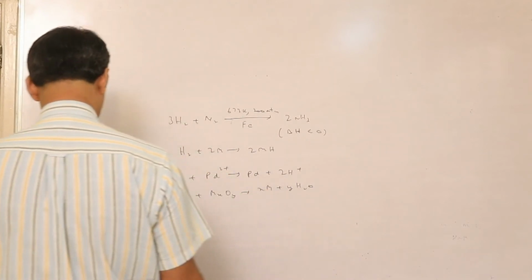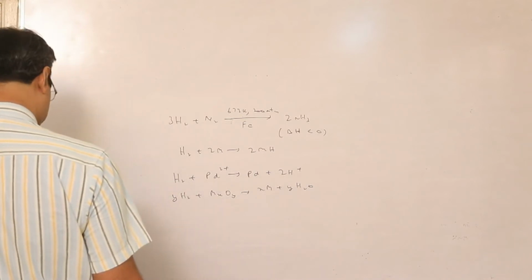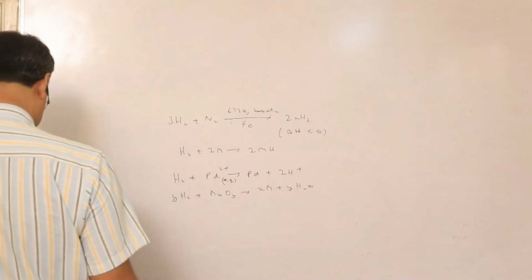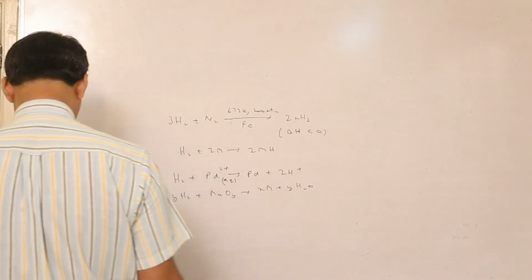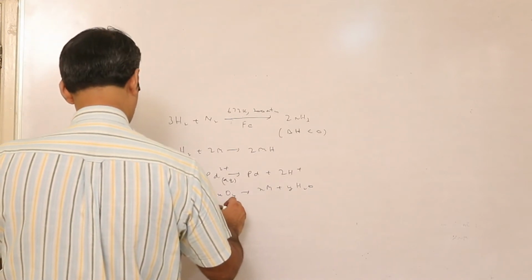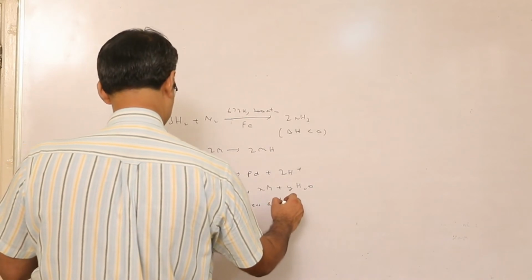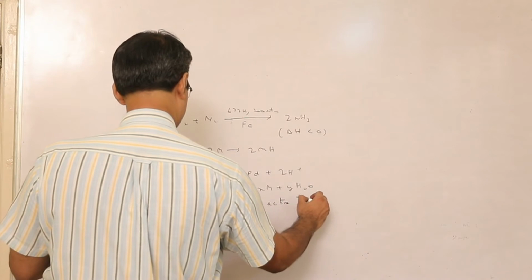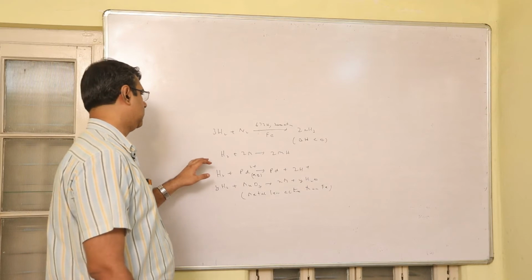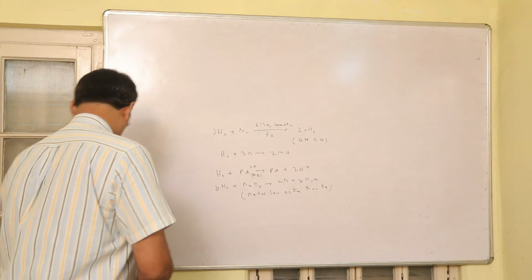So with metal ions, this is the reaction. So the metal ion has to be present in an aqueous solution, and it will get reduced by the hydrogen. And this metal oxide should be of a metal less active than iron. So these are the reactions of hydrogen with metals, metal ions, and metallic oxides.